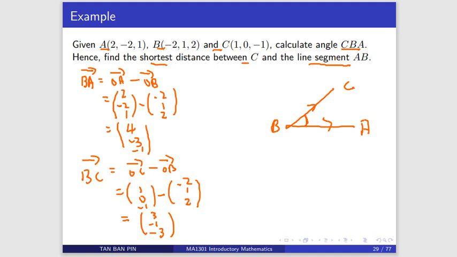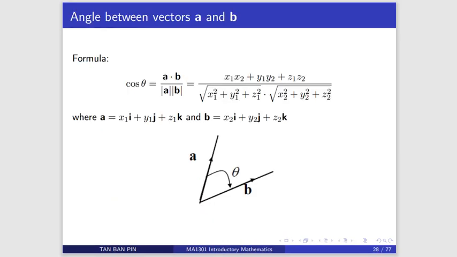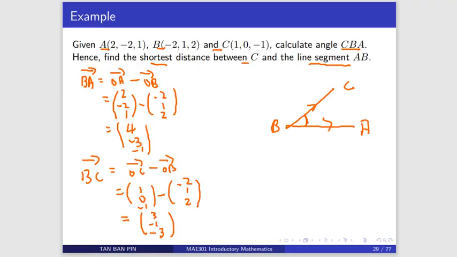To find this angle CBA, we'll use the dot product. Cosine theta is equal to A dot B over magnitude A times magnitude B. So you have to work out BA dot BC.